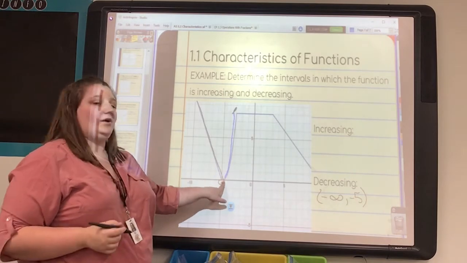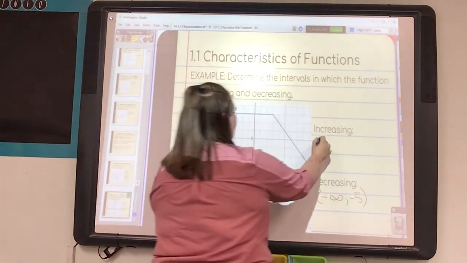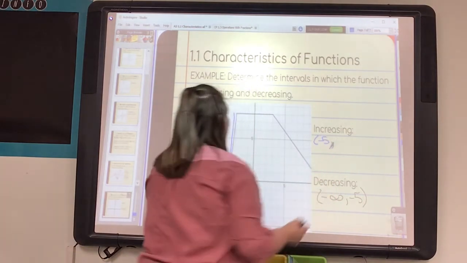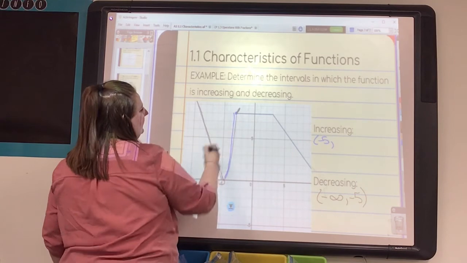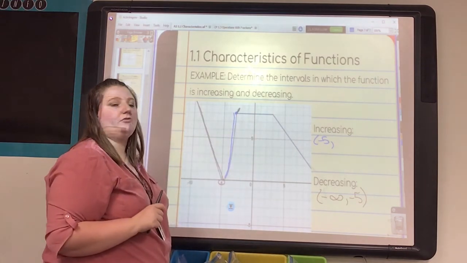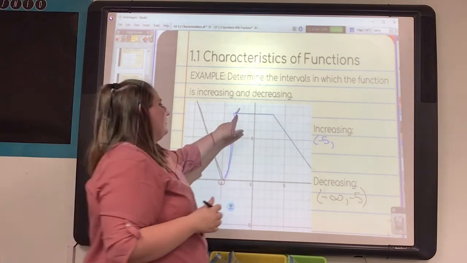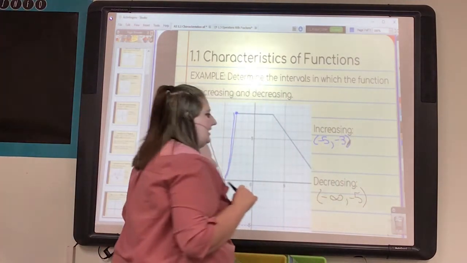And so we know where that interval starts because it's where the other one left off. So we're starting at negative 5, and then we go until we get to this point right here. So if we look, we are 1, 2, 3 over from the middle, from the y-axis. So that x coordinate is going to be negative 3. So that's where we're increasing.